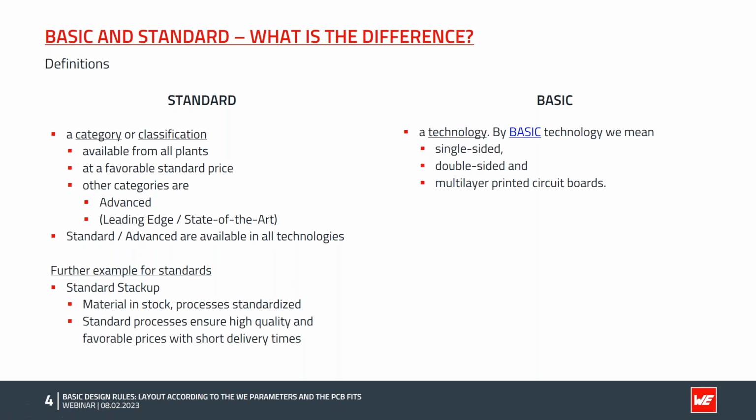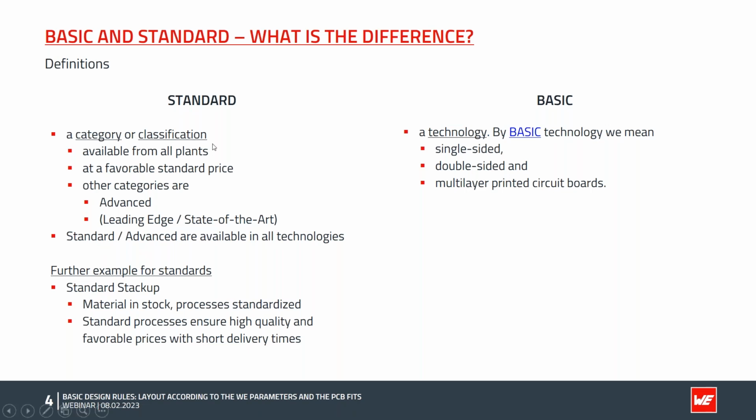Now let's have a look at the word basic. So definition of basic, it's a technology. And by basic technology, we mean single-sided PCBs, double-sided, and as well multi-layer printed circuit boards.